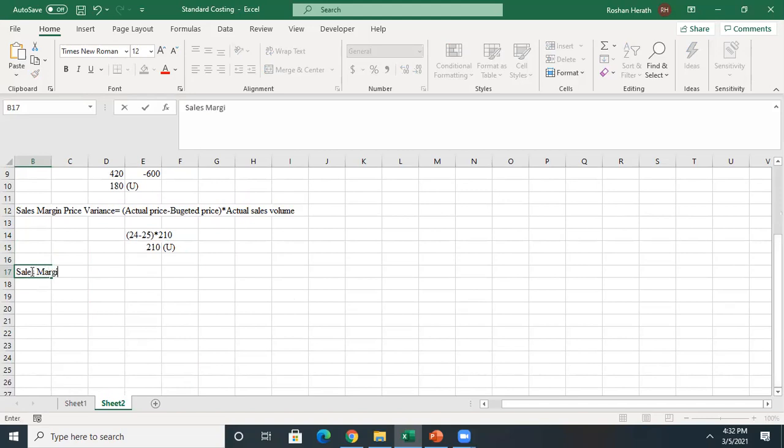Then next, it's about the sales margin volume variance. When it comes to the volume variance, you need to look at the actual contribution minus budgeted contribution, into the volume.